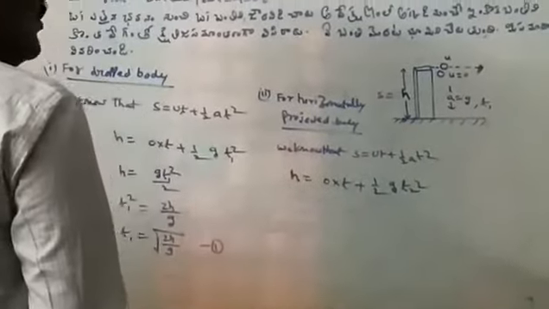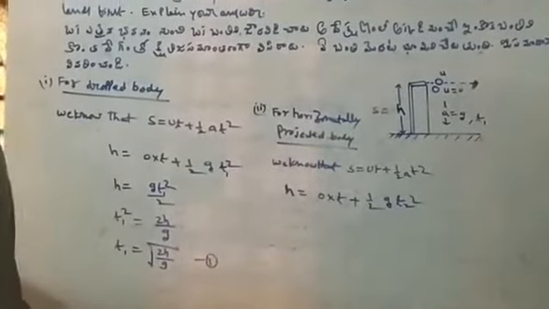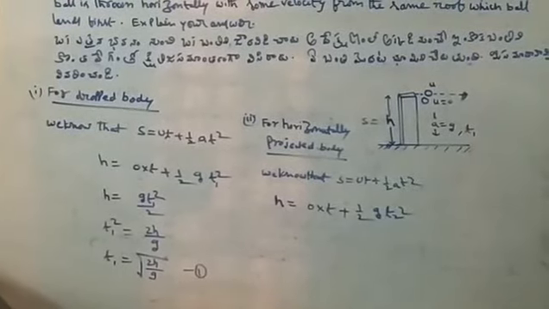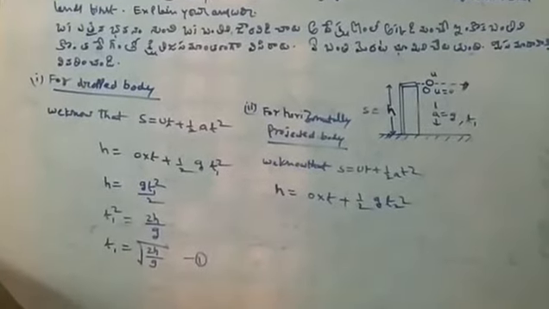Here t2 is the time taken by the body to reach the ground from the building along the parabolic path.